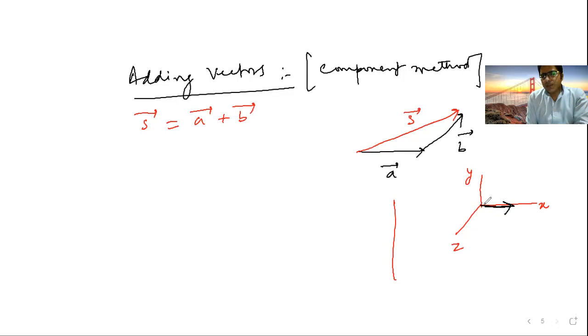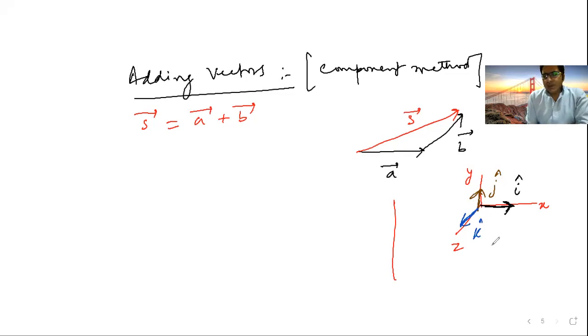You remember that I cap is a unit vector along positive X, J cap is a unit vector along positive Y, and K cap is a unit vector along positive Z. You know that.